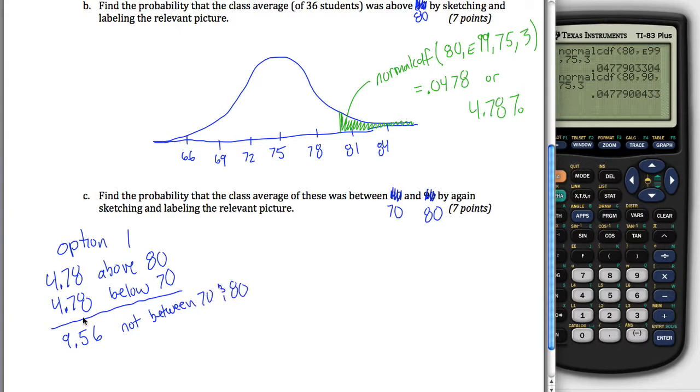Right, 4.78 is above, 4.78 is below, so 9.56, the sum of these two, is not between these two values. So 100 minus 9.56, which is 90.44, is between.